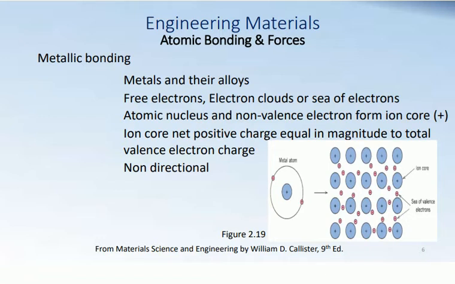In this figure 2.19, of course, you can see that we have ion cores. Ion cores means nucleus plus the shells that are complete in their electronic structure. They are taken as positive, and the free electrons, so to speak, that is the electron in the valence shell of each and every atom, are not particularly bound to that atom, but they are free to move.